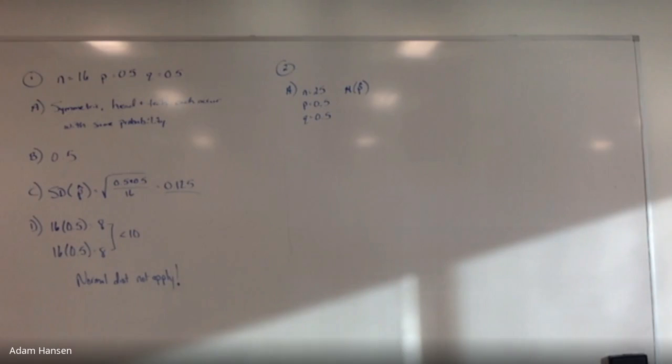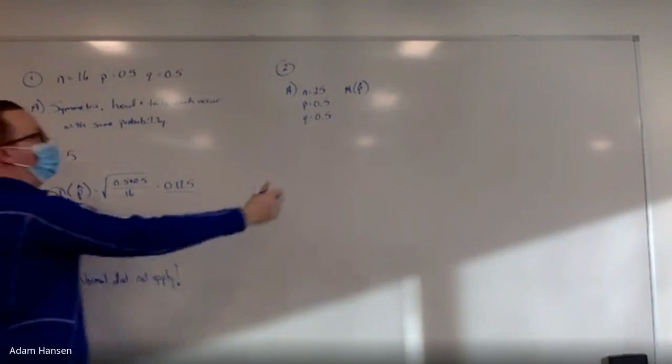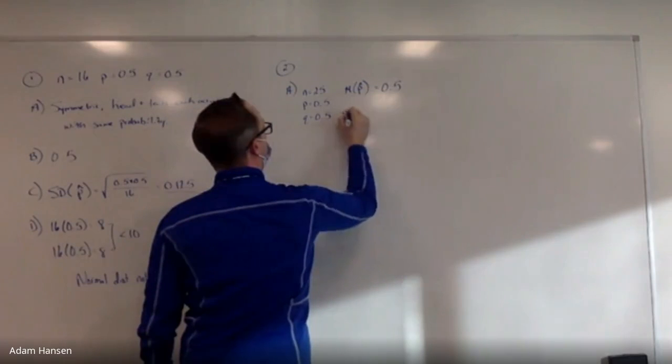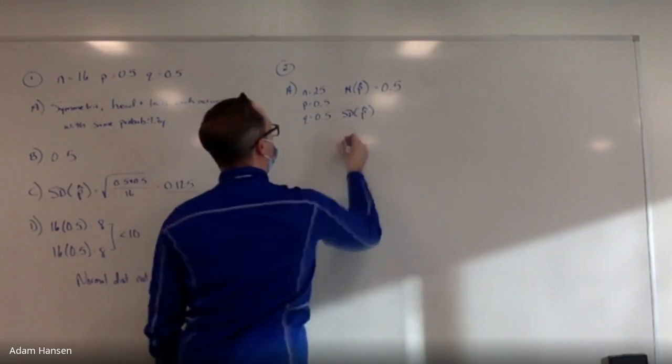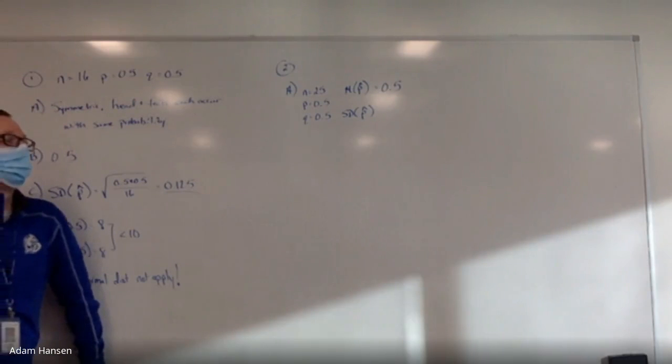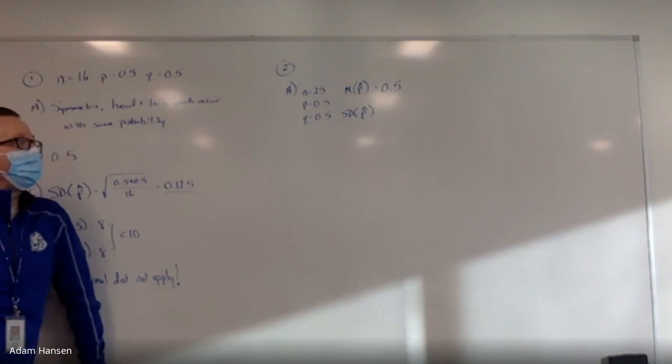What's the most likely response? 50%. The average of our sample proportion should be the same as the population proportion. You flip a coin 25 times and you get a 50% chance of heads. Shouldn't the average of your sample also be 50%? Of course, it's going to behave like a random variable. Sometimes you might get more than 50% of your coin tosses to be heads. Sometimes you might get less. The sampling distribution behaves like a random variable.